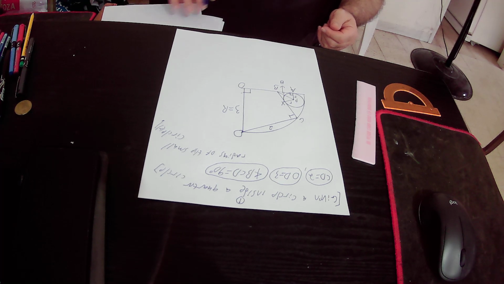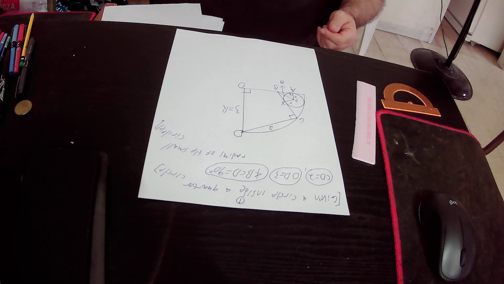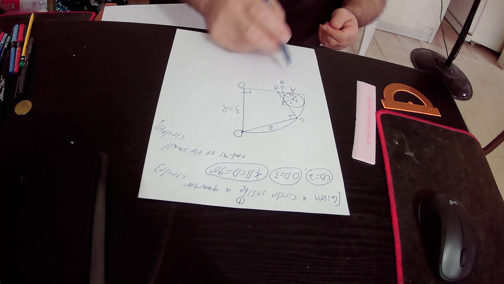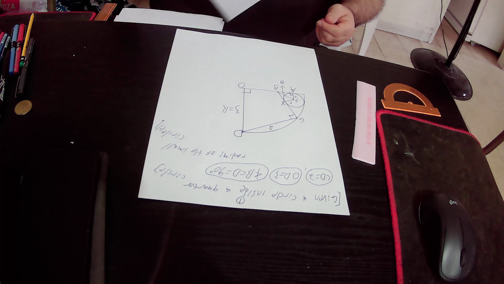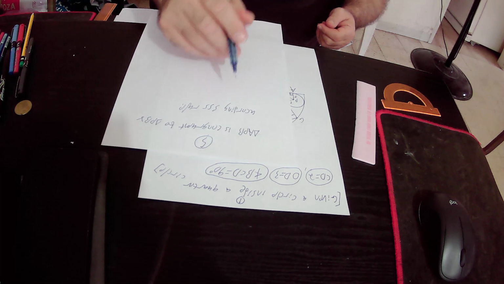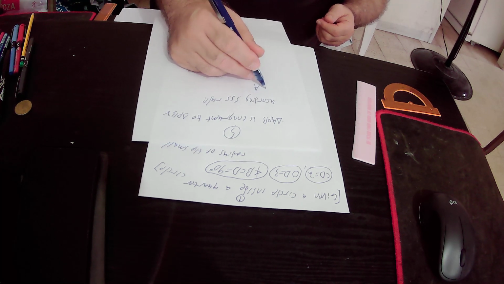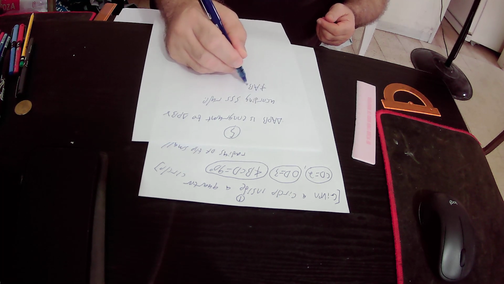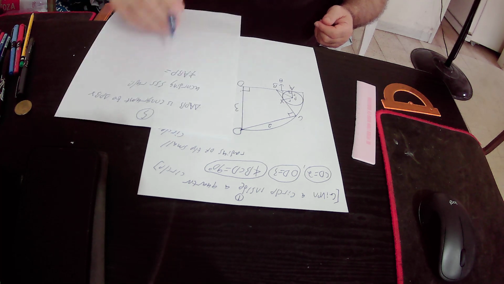So from the fact that triangle APB is congruent to triangle PBX, we can conclude that angle ABP, which equals theta, equals angle PBX.